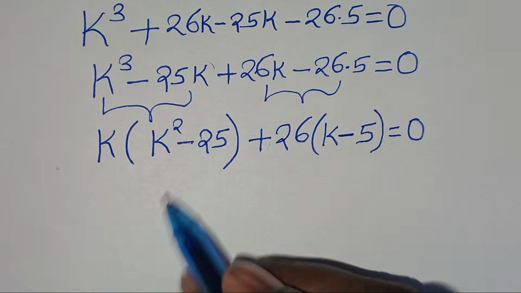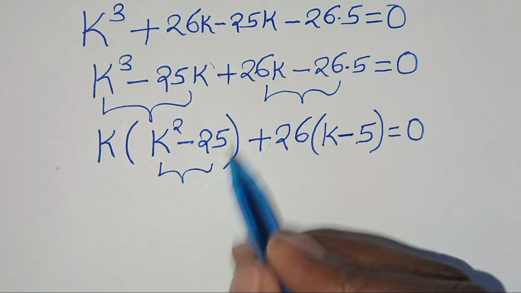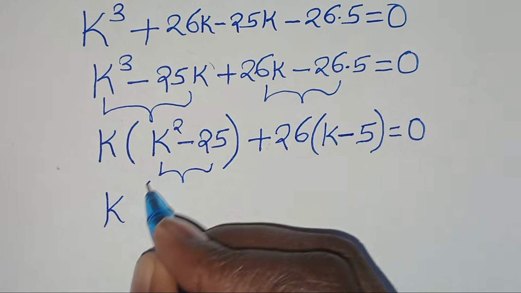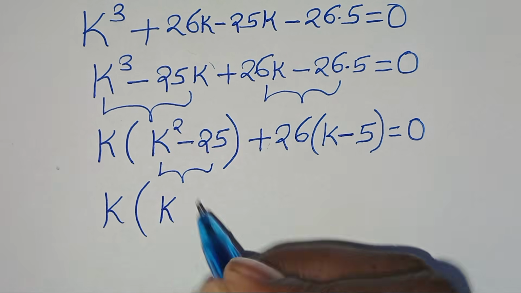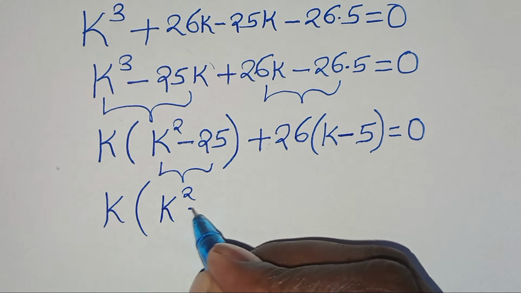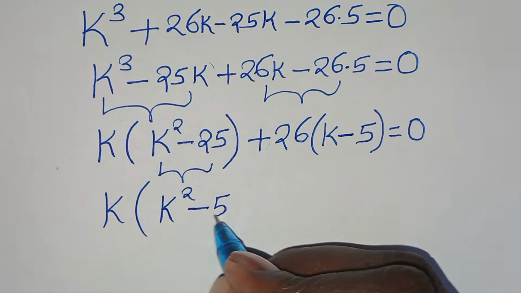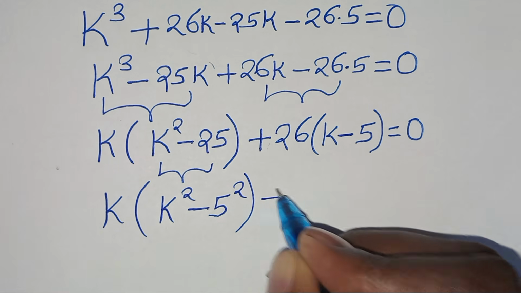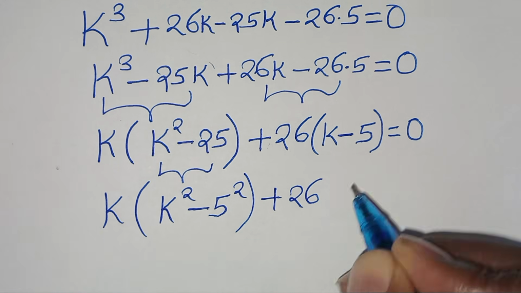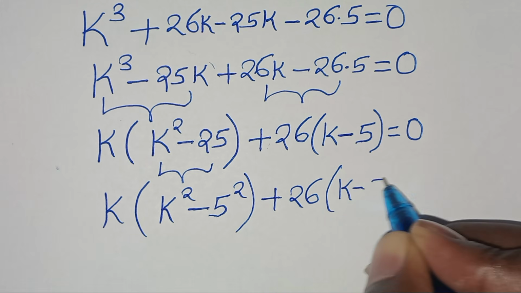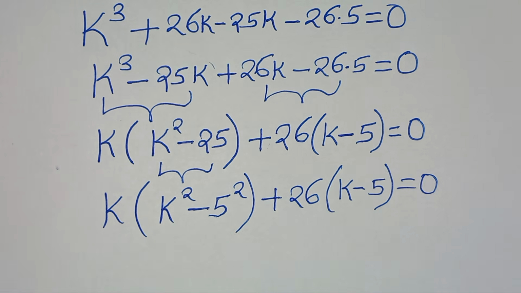Now we have that k squared minus 25 can be expressed as k to the power of 2 minus 5 to the power of 2, then plus 26 multiplied by k minus 5. This is equal to 0.